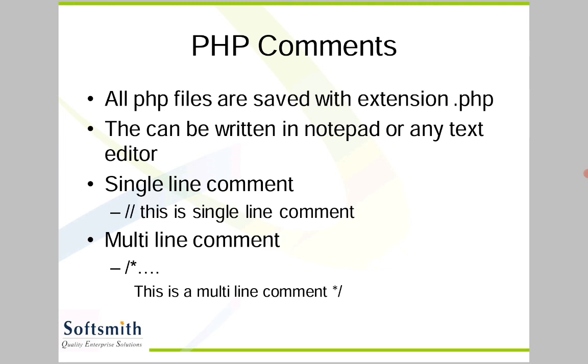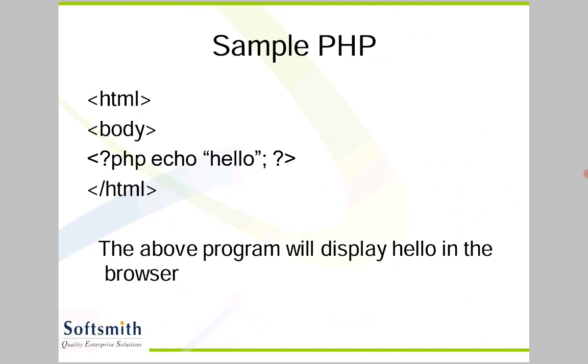And in PHP also the comments are generally written with double slash like in C and C++, and multiple line comments are written with /star. As we know, single line comments are used with double slash, and /star are used with multiple lines of comments. So this is the simple example of using a PHP script.